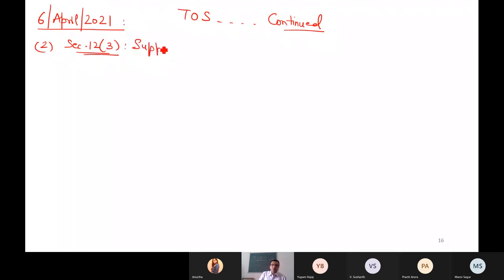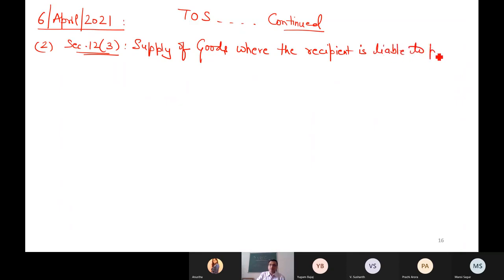It is that supply of goods where the recipient is liable to pay the tax. Not supply where the supplier is liable, but where the recipient is liable to pay the tax. And I don't know whether you remember or not, but do you remember under which section the recipient is liable to pay the tax?